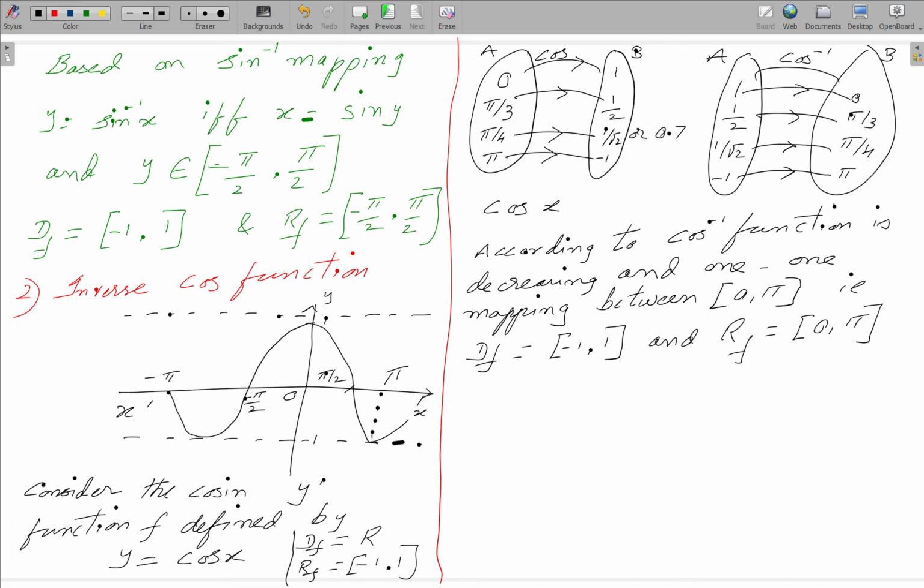For this value, the cos inverse function exists.